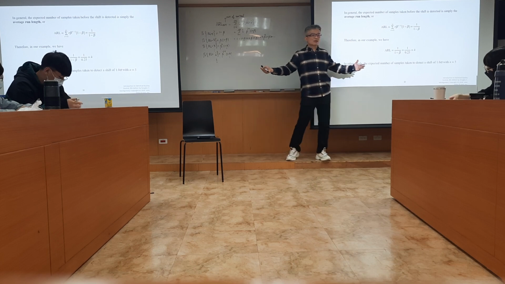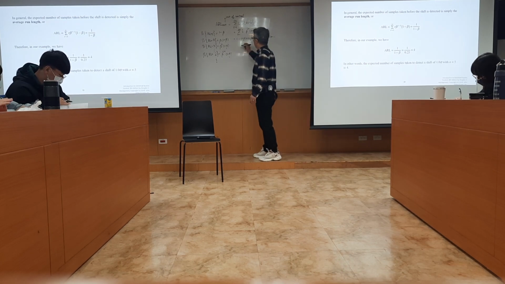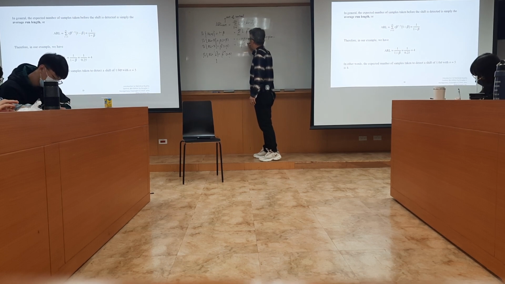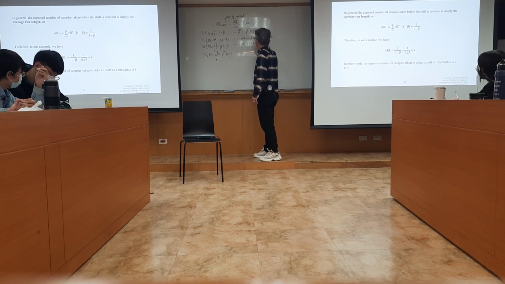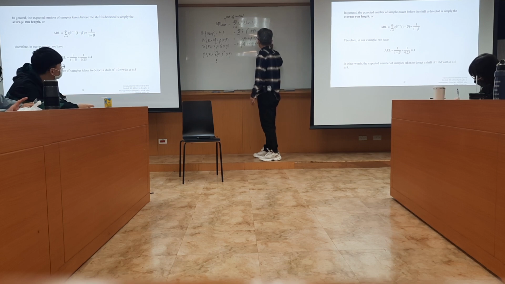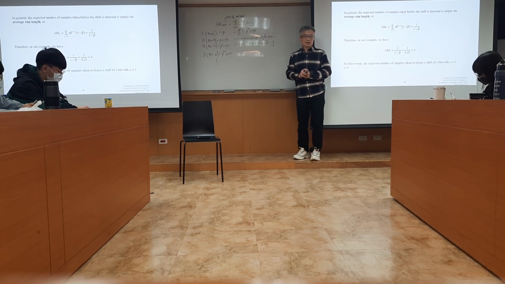This is also another Maclaurin series. We factored out 1 minus beta. That is 1 plus 2 beta plus 3 beta squared plus 4 beta cubed, and so on and so forth. Am I right?